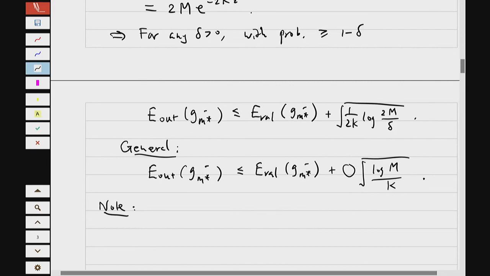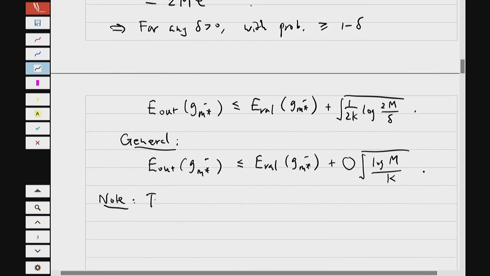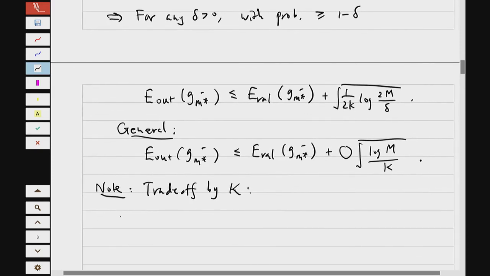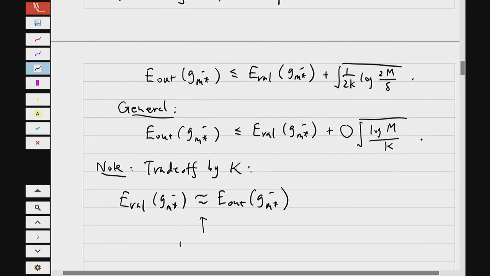So of course, this one requires k to be large, and the other side will require k to be small, right? So again, we have this trade-off around k. Remember we want the E_val of g_m star minus to be approximately equal to E out of g_m star. Now we know that this is when k is large.